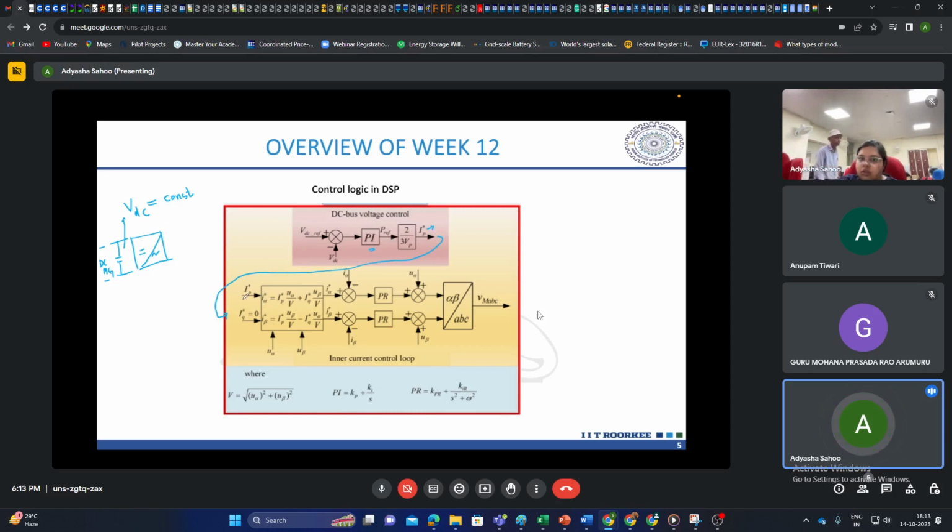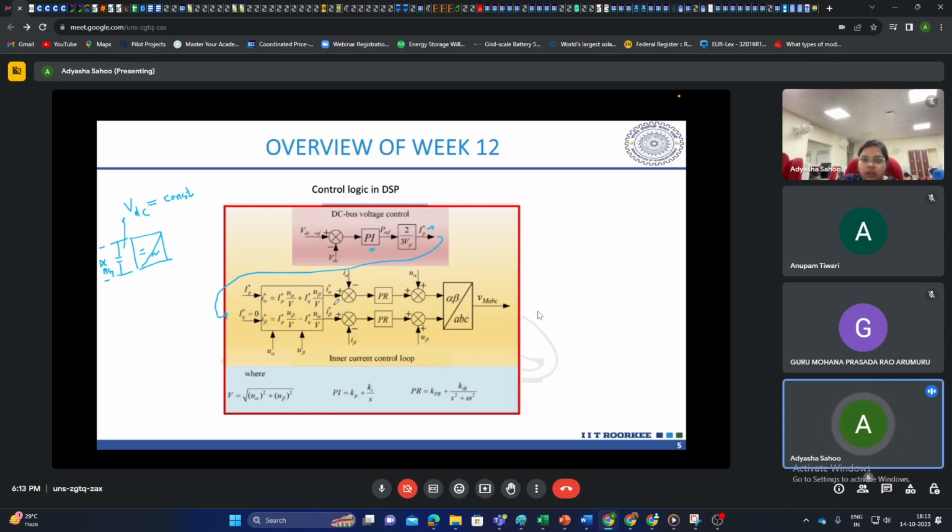So the current control loop will receive this information from the DC voltage control loop to maintain the DC bus voltage constant.